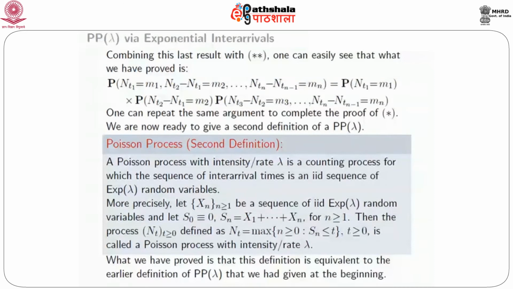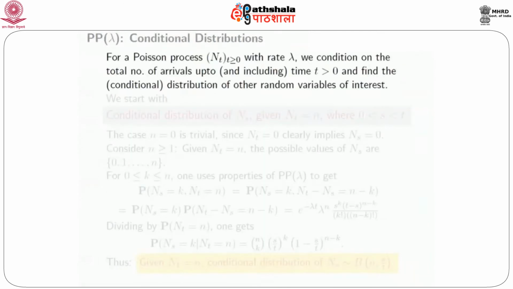The reason we call this a Poisson process is that you can think of this as a definition, and what we have proved is that this definition is equivalent to the earlier definition of PP(lambda) that we had given. Now we move to finding some other properties of Poisson process which would be very useful.